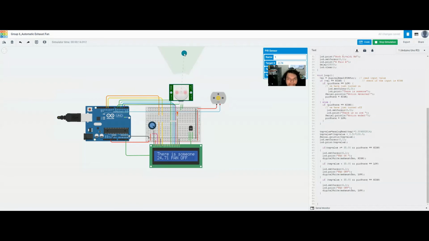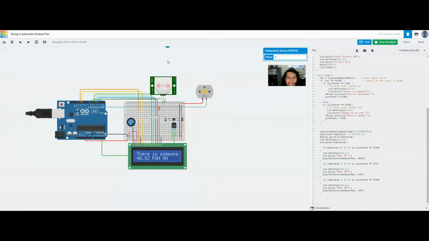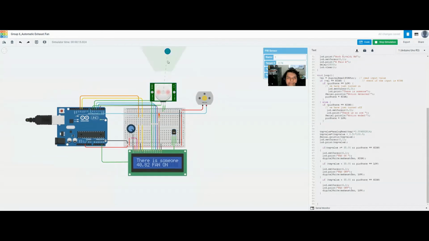If that's the case, the fan will be turned on, as we can see from the DC motor, and the result of this condition will be displayed by the I2C LCD display.